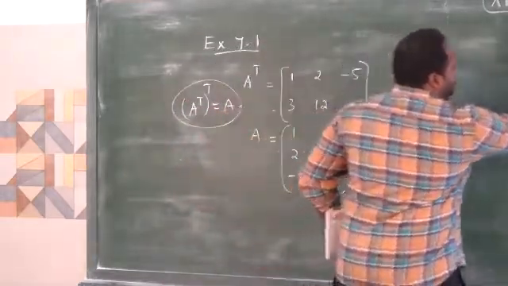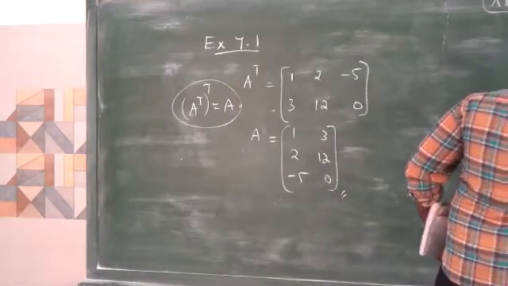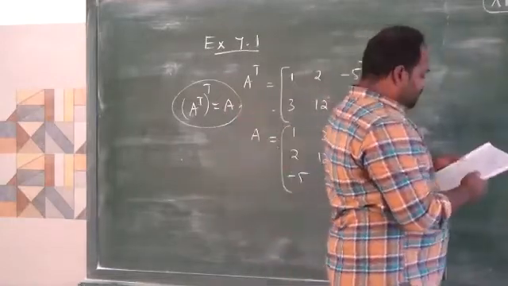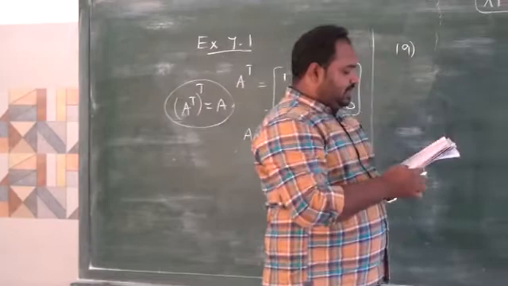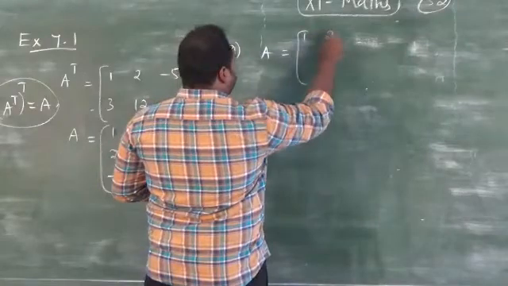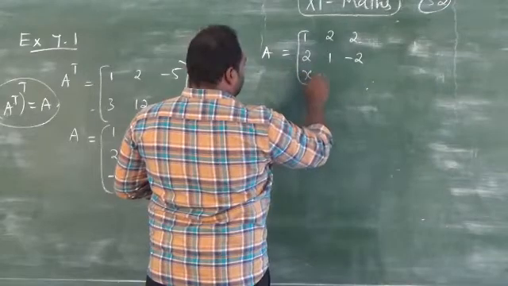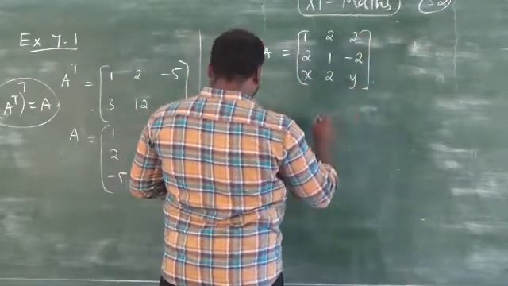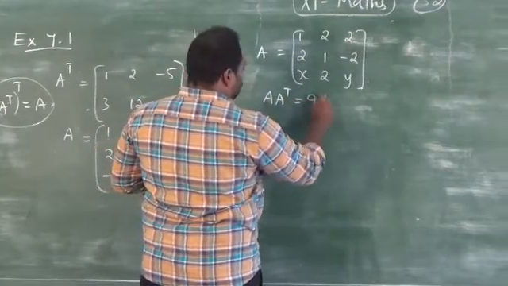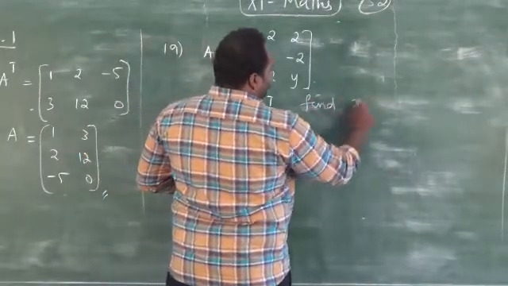Question number 18 over. Next, question number 19. If A is given as 1, 2, 2, 2, 1, minus 2, x, 2, y, such that the condition A A transpose equal to 9I is given, find the value of x and y.